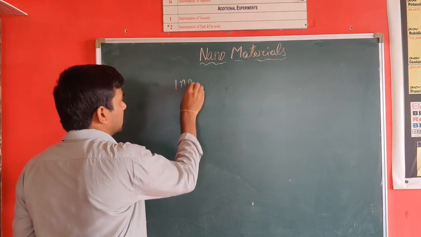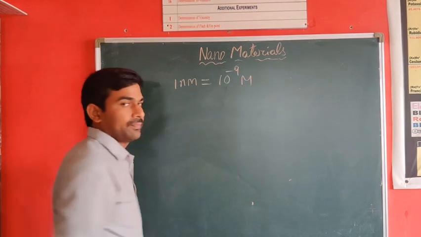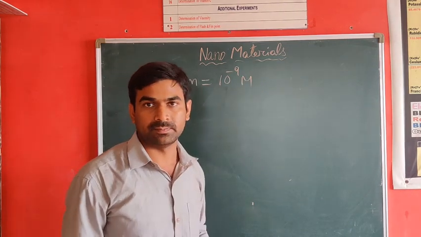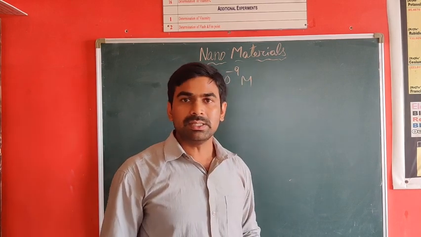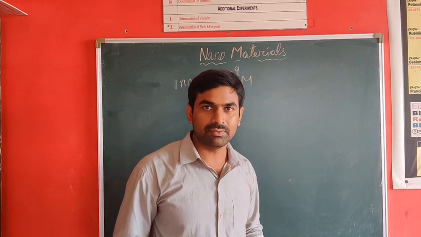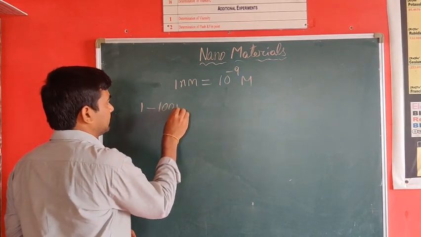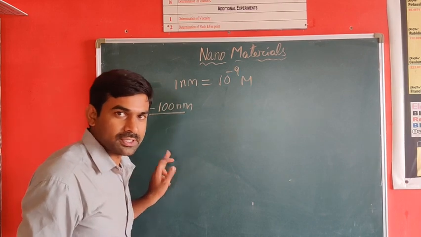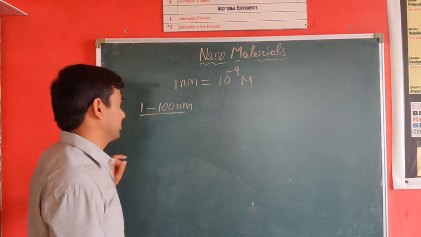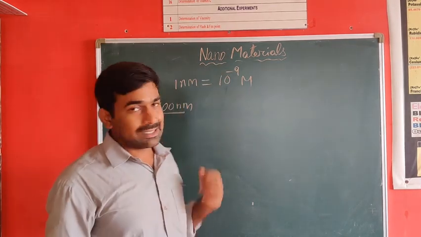1 nanometer is equal to 10 to the power of minus 9 meters. A nanomaterial should possess at least one dimension in the nanoscale, that means 1 to 100 nanometers.